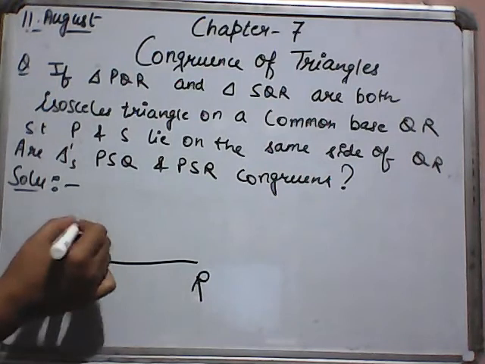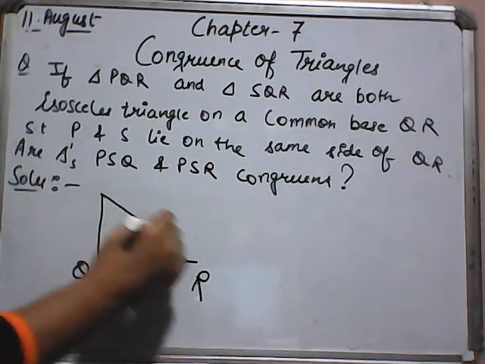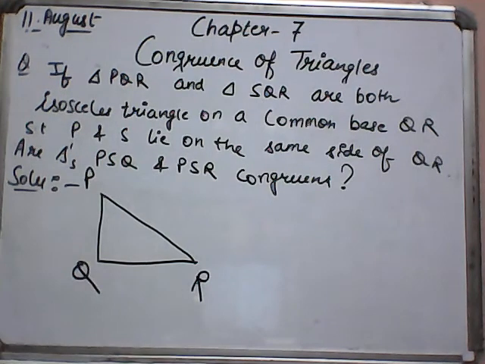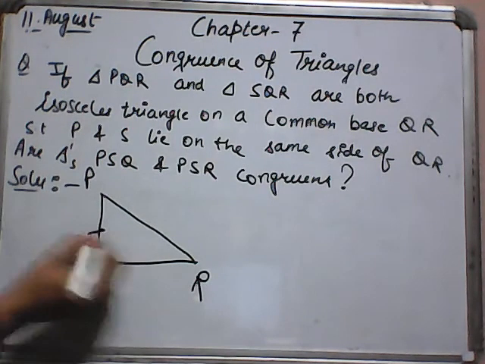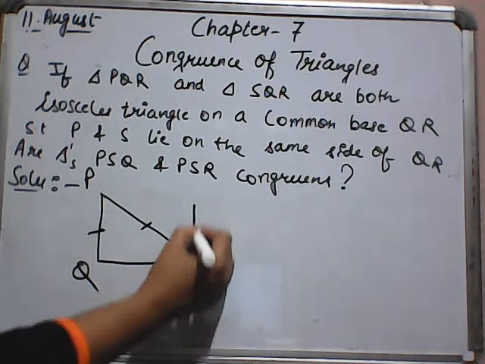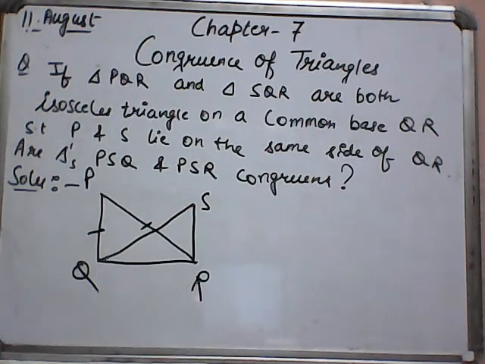We make triangle PQR. PQR is an isosceles triangle. Suppose PQ is equal to PR. Now SQR is also an isosceles triangle.